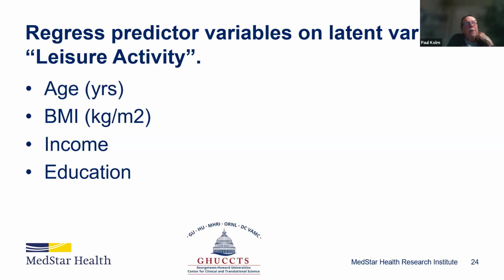Then, what we might want to do is regress some predictor variables on the latent variable, in this case, leisure activity. So I've picked out four variables here: age, BMI, income, and education, data that we have. We want to see if these variables predict, or how well they predict, leisure activity.